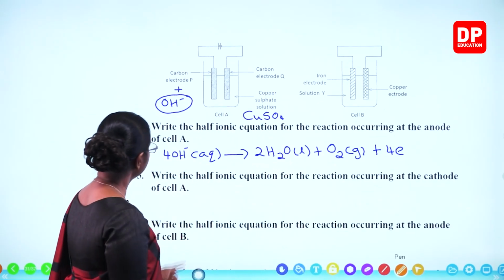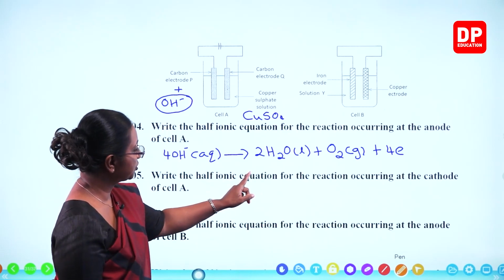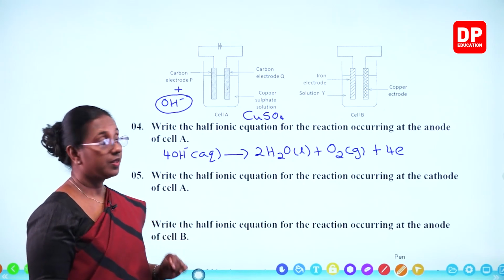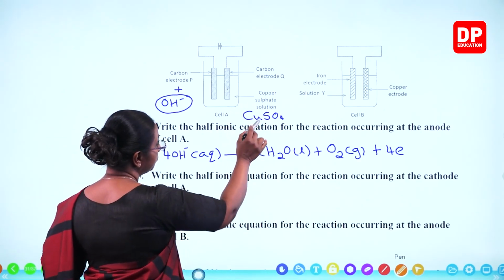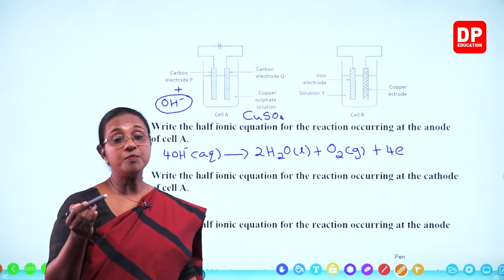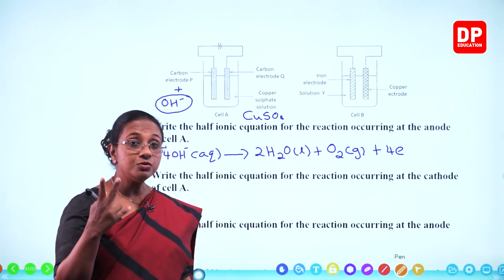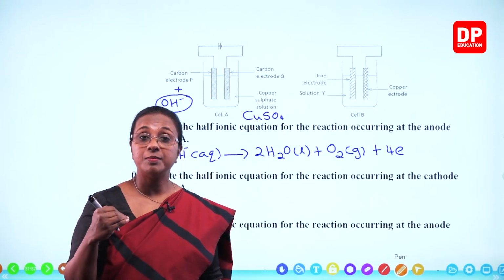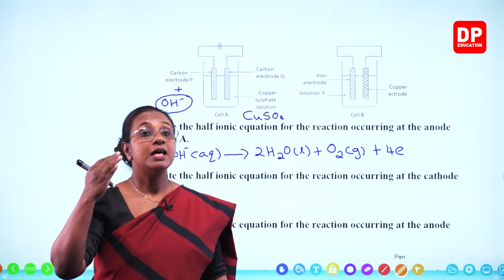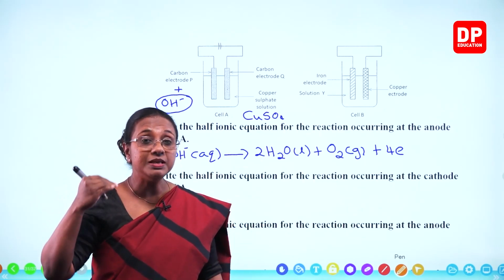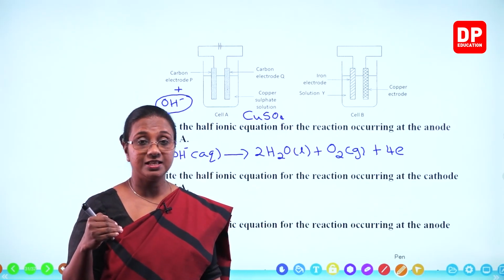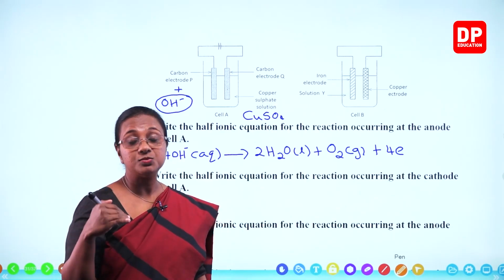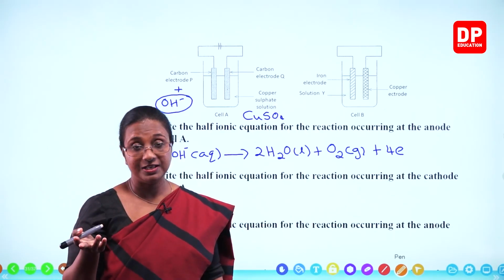Then, at the same time, write the half ionic equation for the reaction occurring at the cathode of cell A. So there we have Cu2+ and H+ from water. When there are two positive ions, two cations, what has the higher probability of getting reduced? The metal that is below in the activity series. So when you take H+ and Cu2+, copper is below hydrogen in the activity series.